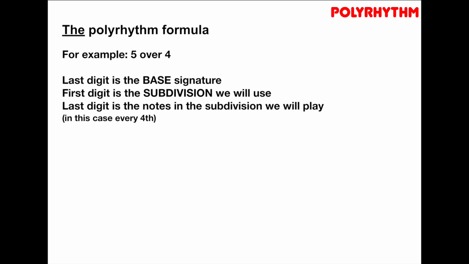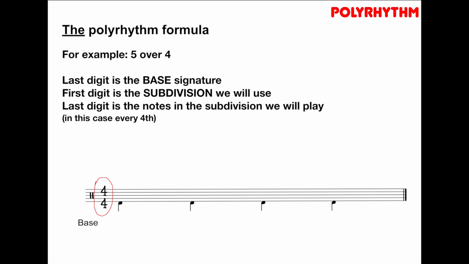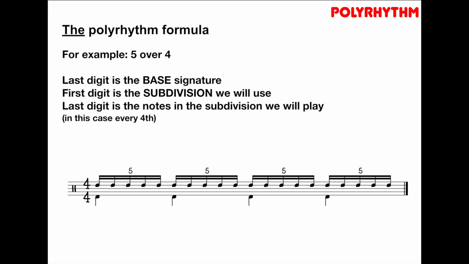So here we have the actual formula that you will be able to use on any polyrhythm that exists. We'll start by using the last digit as the bass time signature. The last digit is always the bass. Then we'll take the first digit and use it as the subdivision at the top.